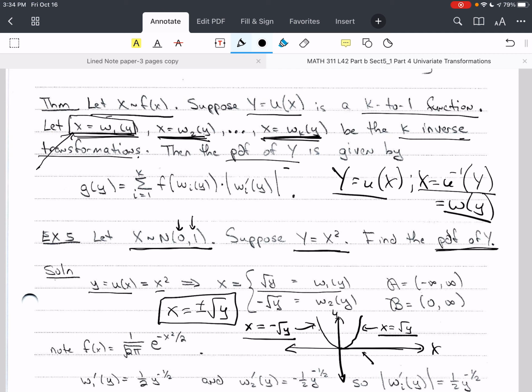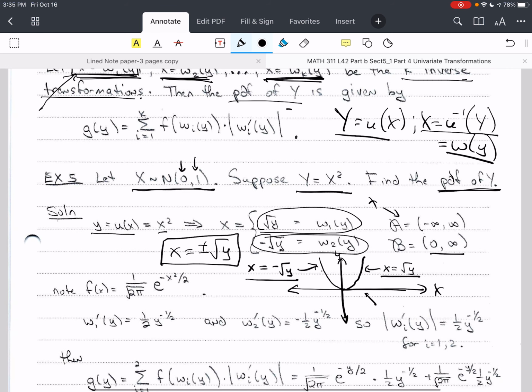And so this is w1 of y, and this is w2 of y. Then the range of x is from negative infinity to positive infinity, but the range of y, you notice, y is always positive or 0, so it's from 0 to infinity.